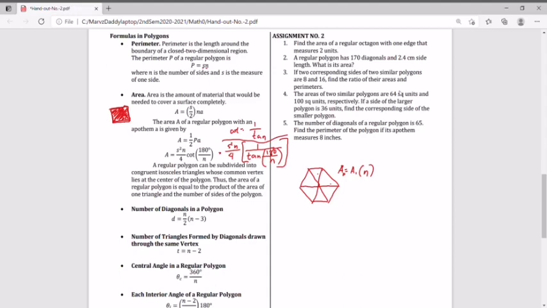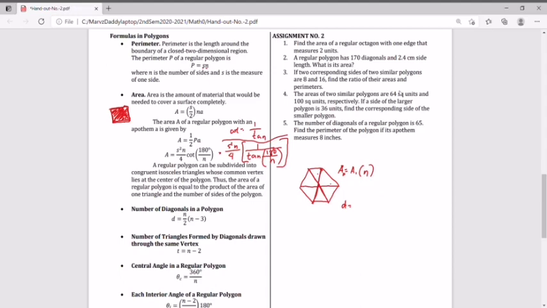Regular polygon. Number of diagonals in a polygon. So unsa man ang diagonal? Kani siya ng diagonal, mao ni siya, di ba? So, it is given by the formula n over 2 times n minus 3, where n is the number of sides. So, say for example, we have 1, 2, 3, 4, 5, 6. So, 6 ni.